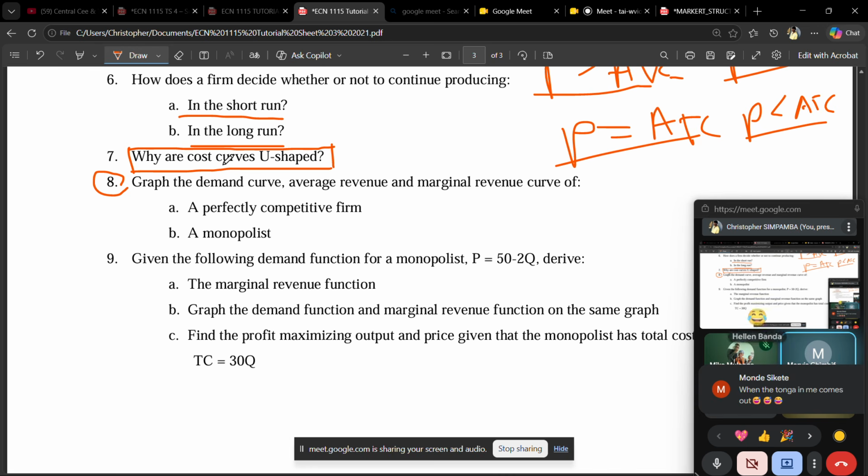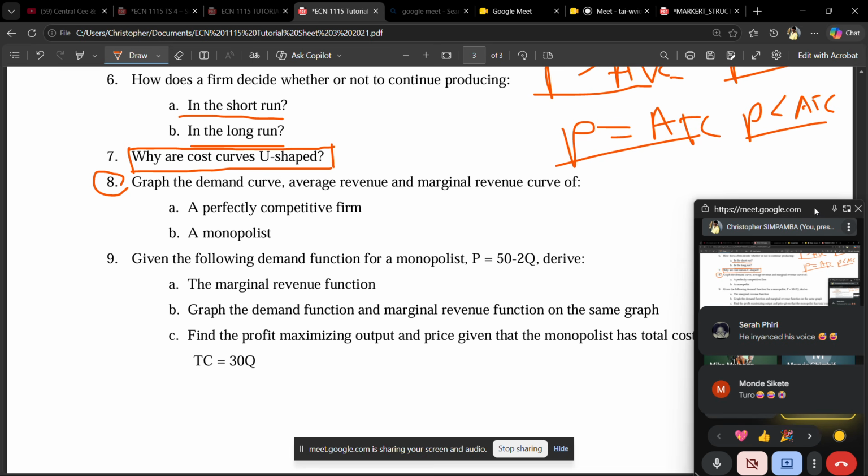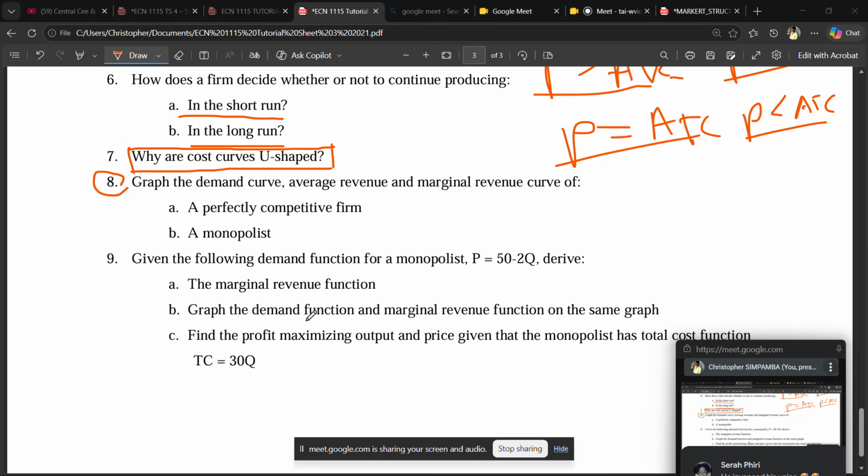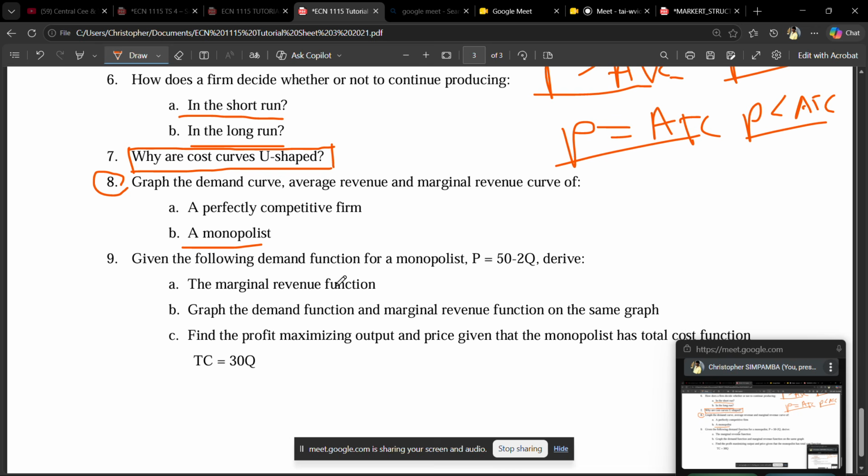Okay. All right. So question 8 is saying graph the demand curve, average revenue and marginal revenue curve of a perfectly competitive firm and a monopolist.